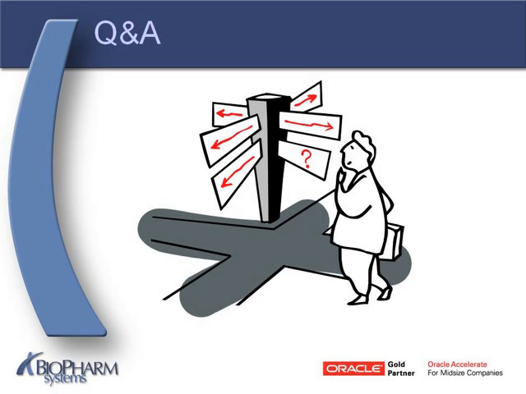But you also have to have an overview of the rest of the system and how things fit together. OC itself is not just an EDC system. RDC is the EDC component of OC. All of the setup and everything happens through OC, and then the RDC is just the interface by which your site personnel can access and enter data and manage discrepancies and everything.